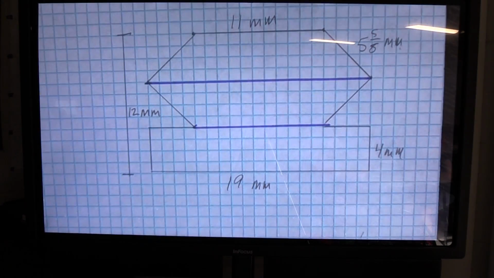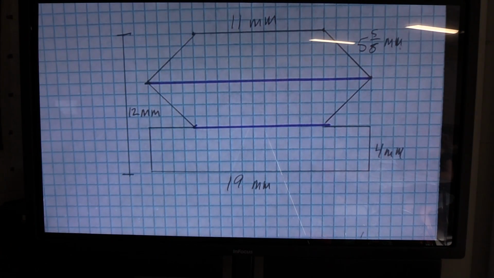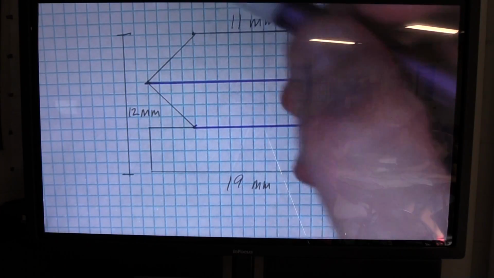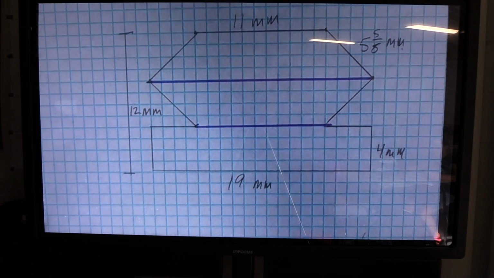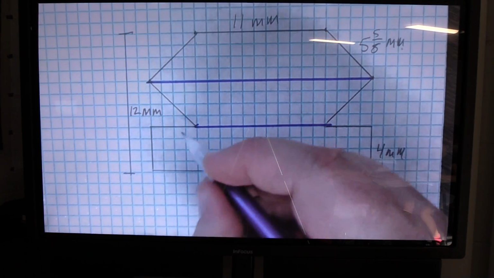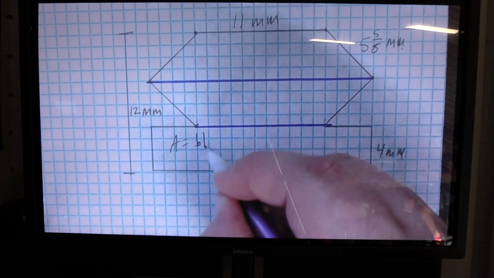Now, we've got it broken down into three shapes. All we need to do now is figure out the area of those individual shapes and then add those areas together. So the first thing I want to do is the easy one, and that is find the area of the rectangle. The formula for finding the area of a rectangle is area equals base times height.